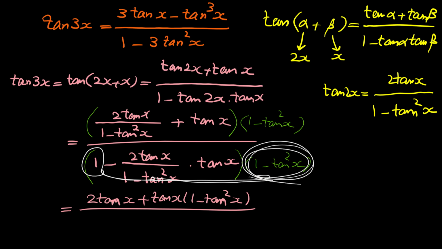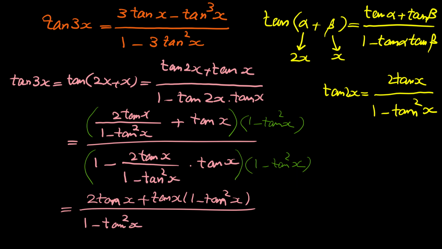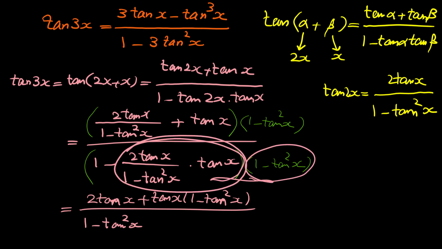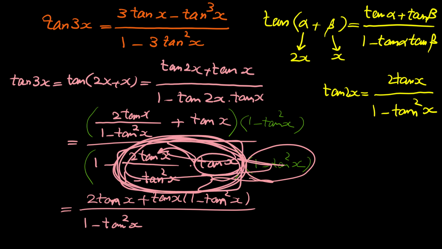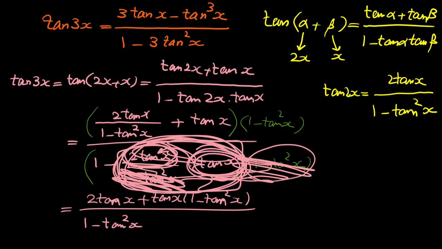So we have 1 minus tangent squared x, and then by multiplying this by this term, attention, all of this is a term because tangent multiplies by numerator. All of this is a term. The denominator with numerator cancels, and we have 2 tangent x times by this tangent x.